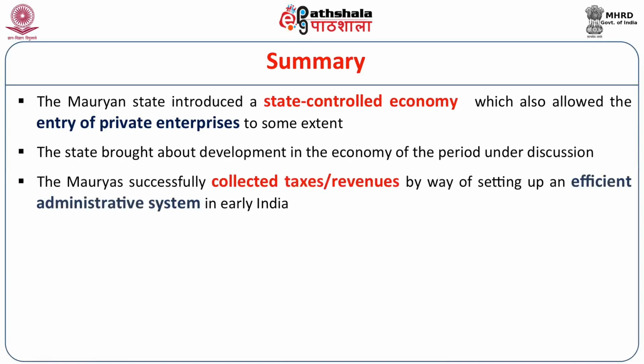The Mauryas successfully collected taxes or revenues by setting up an efficient administrative system in early India. This is how they ensured economic development for the state, allowing private enterprises to some extent. This is what we actually get as information regarding the Mauryan economic conditions in early India.